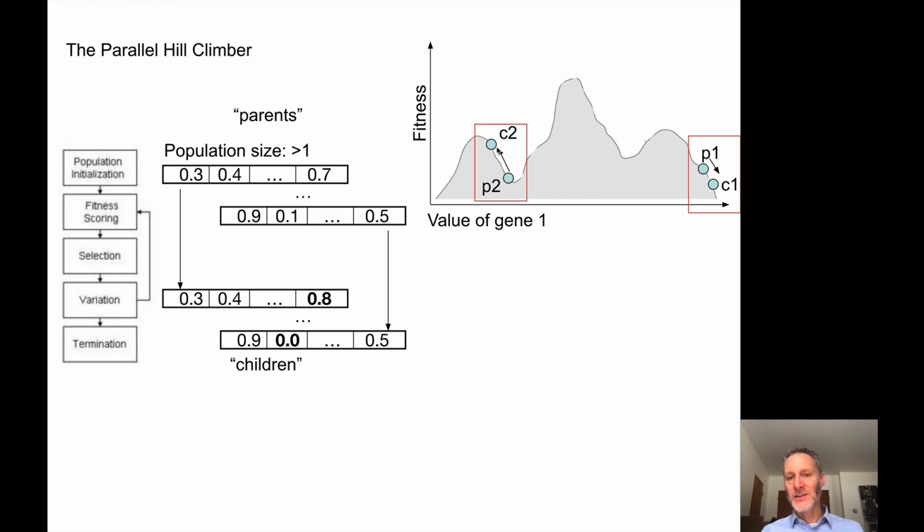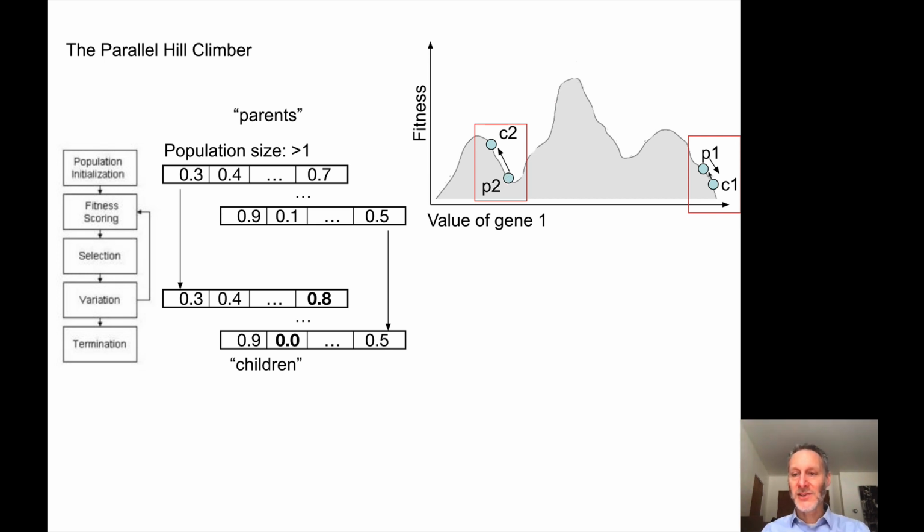In this case, parent 2 produced a child that has higher fitness than its parent, so the parent is killed off, C2 becomes the new P2, and we then repeat one step of the hill climber over here and another one over here. So we're increasing the odds that someone is going to land on the lower slopes of what turns out to be the global optimum.